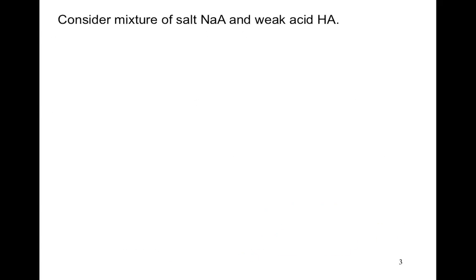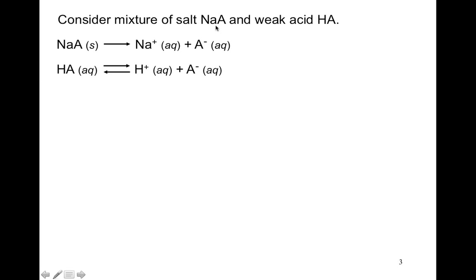So what if we mix the salt NaA and the weak acid HA? We can say that NaA, the salt, breaks into the ion of sodium and the ion of A-, whatever that acid might be. And then HA breaks into H+ and A-. Now we have a common ion here.